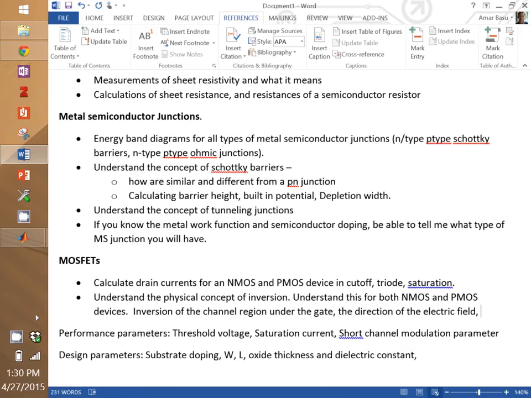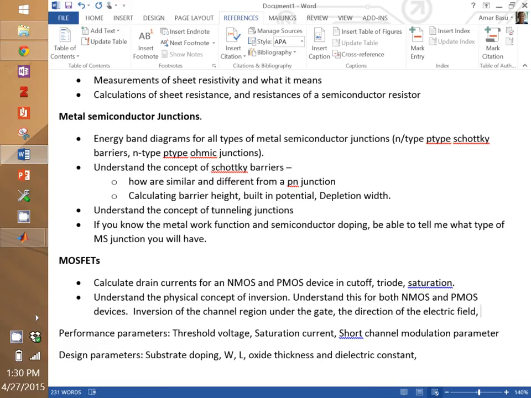All right, what does the electric field do in an NMOS device? When you put a positive voltage on the gate, what does the electric field do? Well, let's start off with which direction is the electric field pointed? Yep, absolutely. It's pointed downwards from the gate into the channel region.